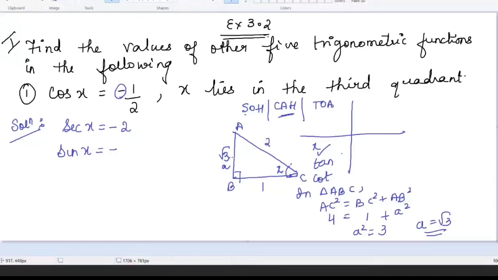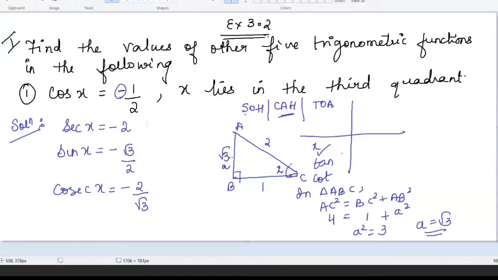Root 3, by hypotenuse 2. Remember SOHCAHTOA and write it. So sine is opposite by hypotenuse. Immediately when I get sine, let me write its reciprocal also, cosecant. Cosecant is also negative, so write minus 2 by root 3. So I finished finding out 3. Still 2 more are remaining.